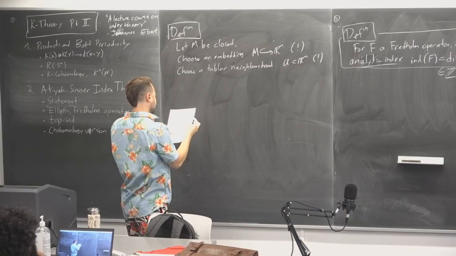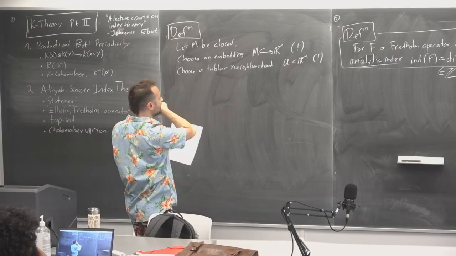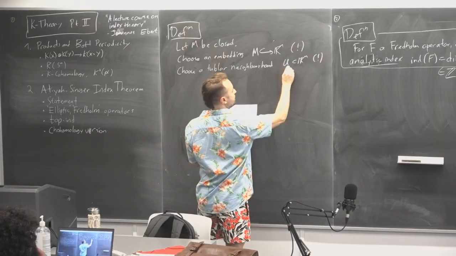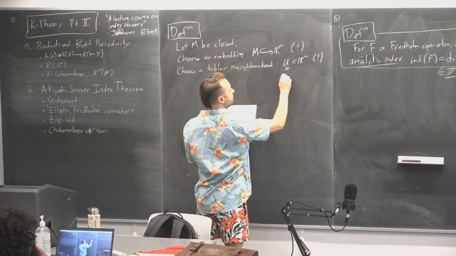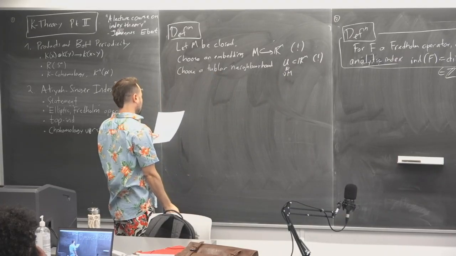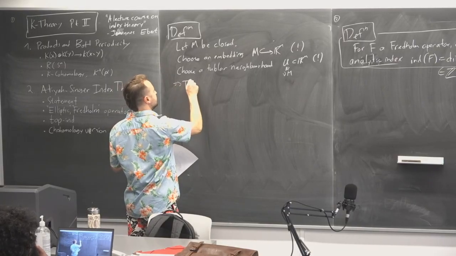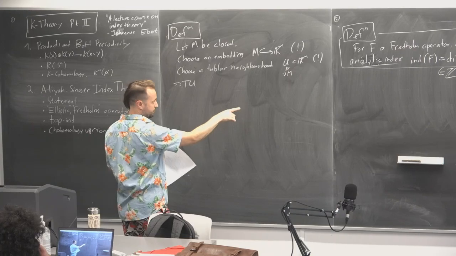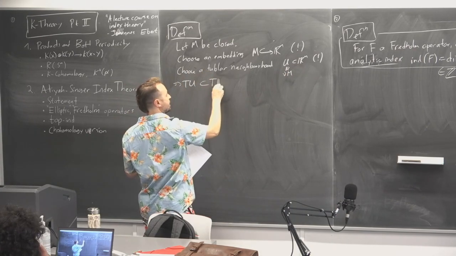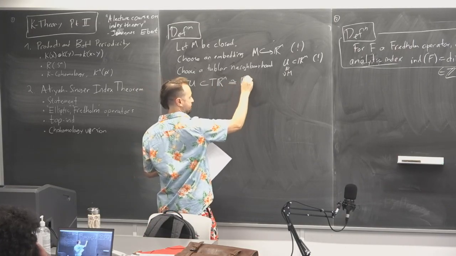And then we have that, let's see, what would we say here? Tubular neighborhood means that U, as the total space of a bundle, is isomorphic to the normal bundle of M. If we take TU, the tangent bundle of U, it sits as a submanifold of the tangent bundle of R^n, which we can identify with R^2n.